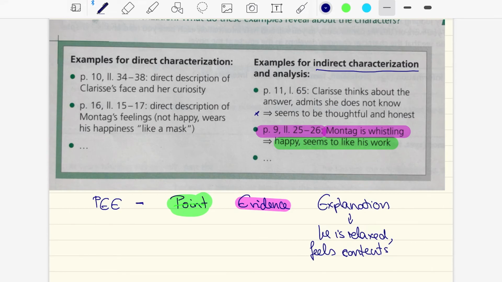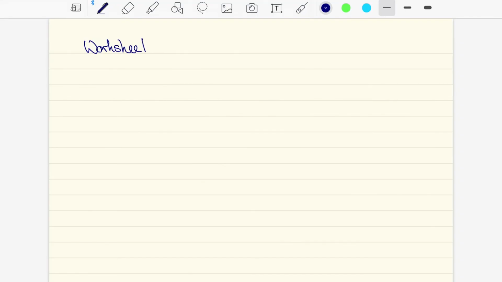Okay, as a last step today, you are going to work on a character file of Guy Montag, the protagonist of our story, on a worksheet. You can download the worksheet on Moodle if you want to and print it out, but you don't have to, because I will also show it to you here. Worksheet 3, the character file of Guy Montag.